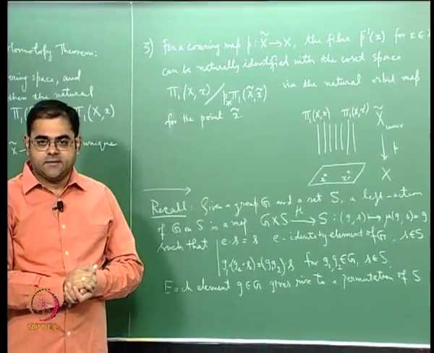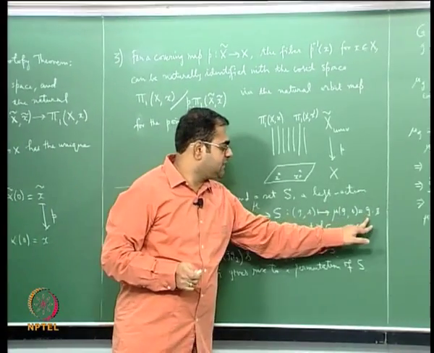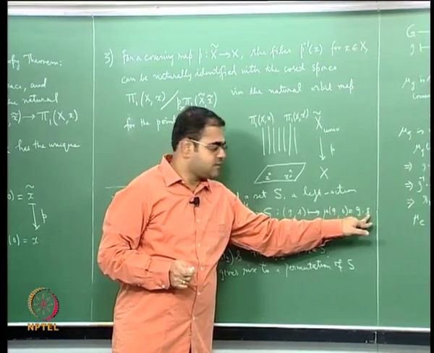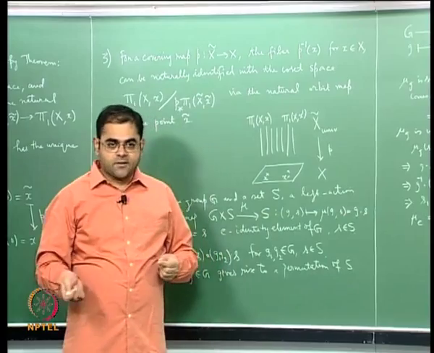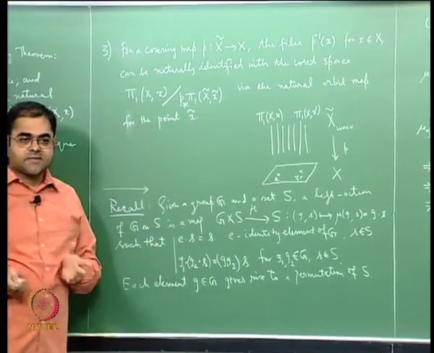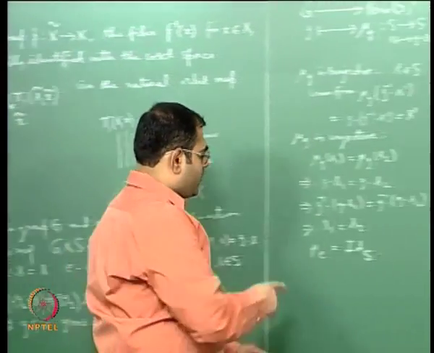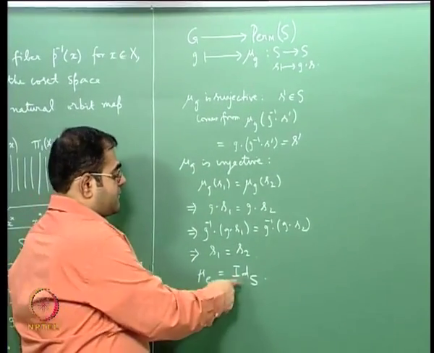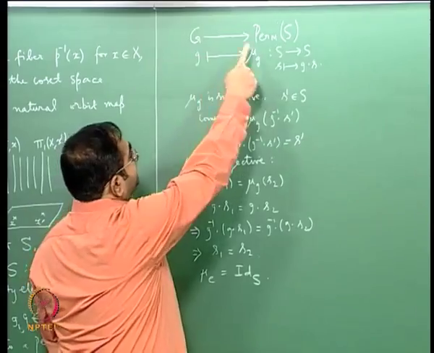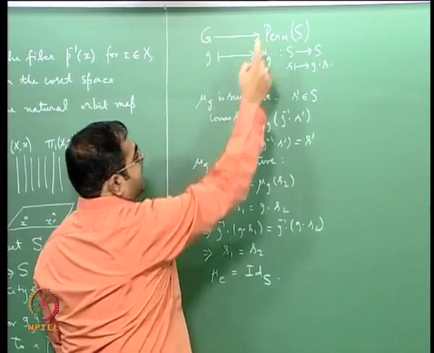When we write G dot S, we say G operates on this element S to produce a new element G dot S. So when E operates on S, it keeps S, it returns S. So mu E is the identity map of S.